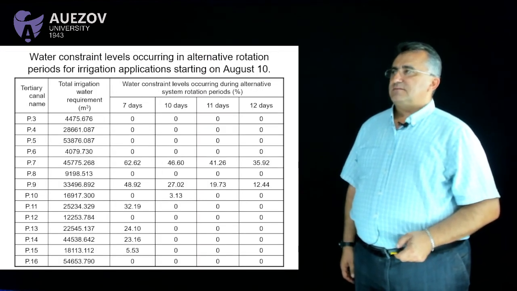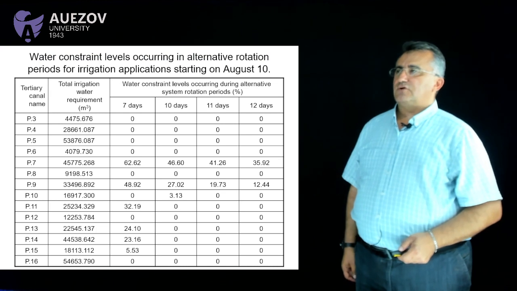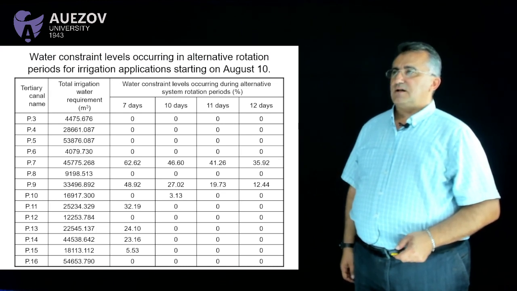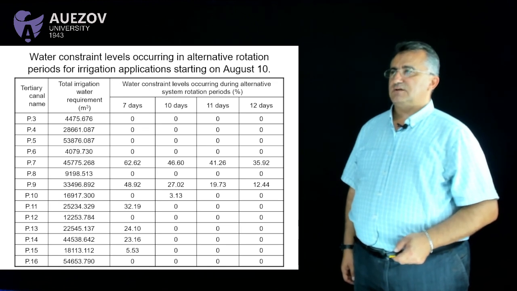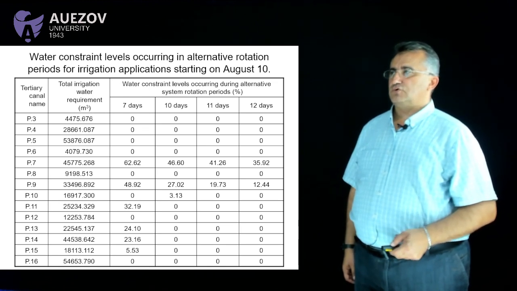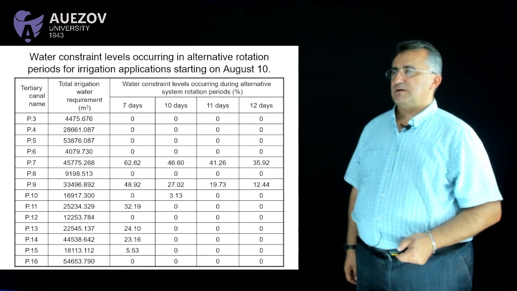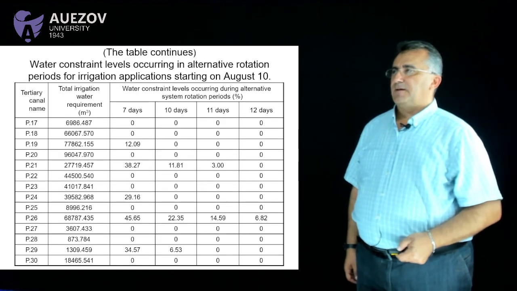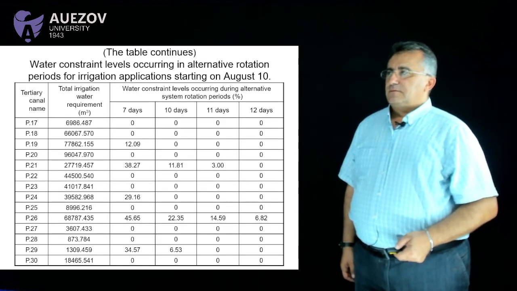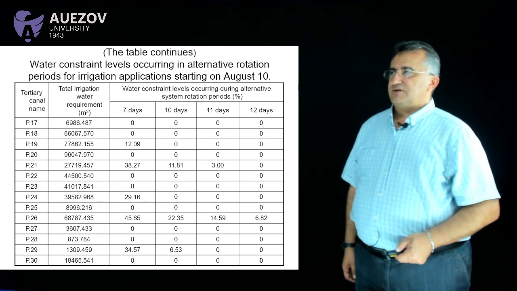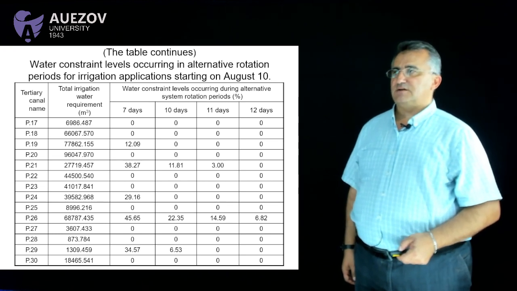And also for August 10, the alternative solutions are obtained by using the modules running the program. Here we can see, for all the tertiaries, completely different irrigation programs are obtained from alternative solutions.